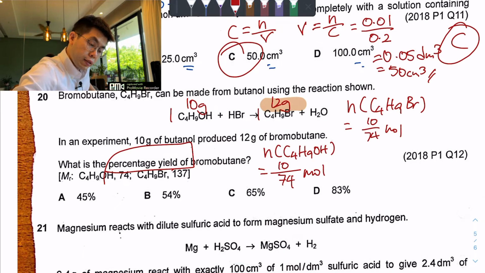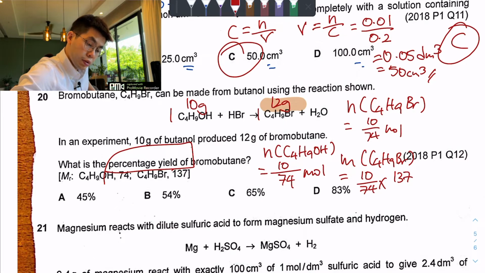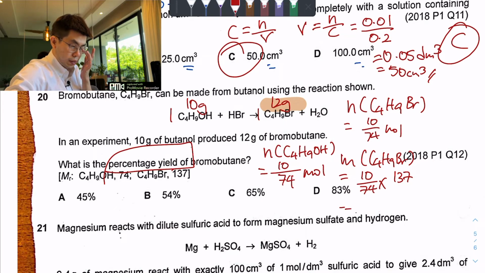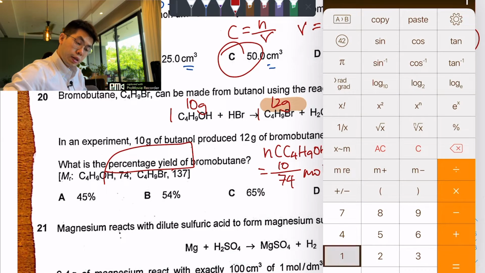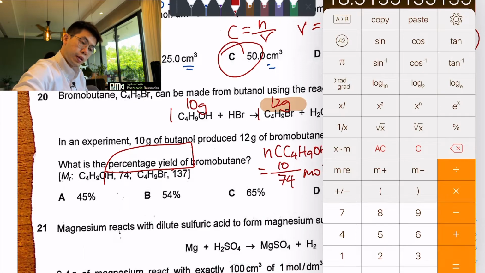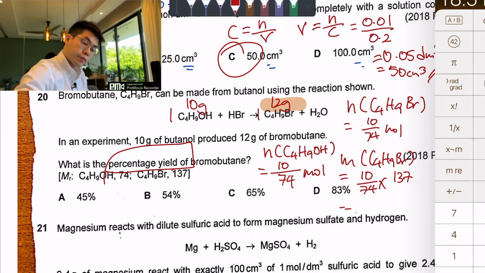Then I need to find the mass of C4H9Br, and that will be equals to number of moles times the MR. 10 divided by 74 times 137. So 18.5.